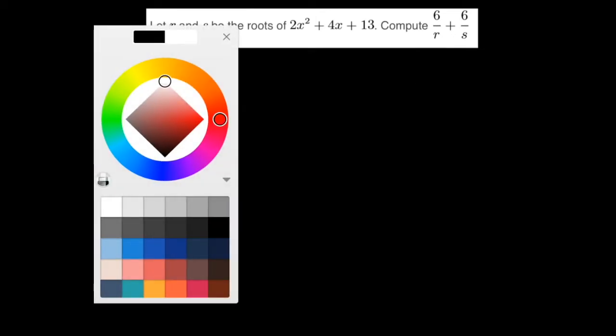Now we're going to use Vieta's formula to solve this problem. Let's look at this. 6 over r plus 6 over s is equal to, now let's try to make this into a form that we can use Vieta's in.